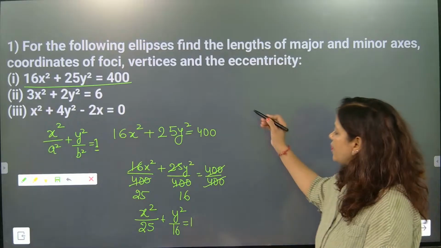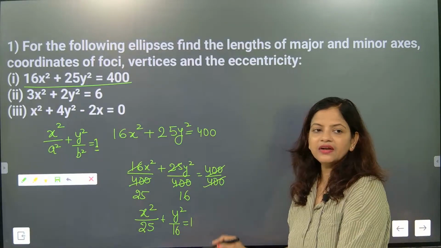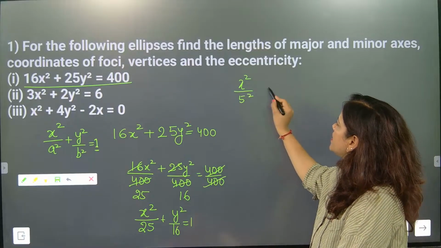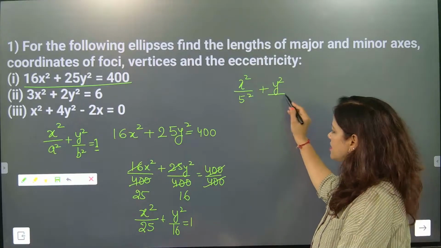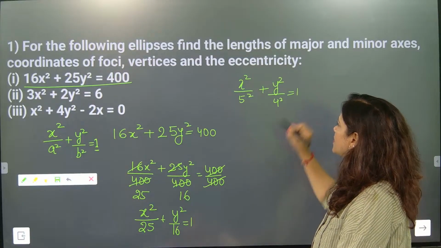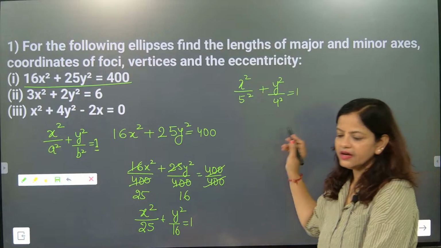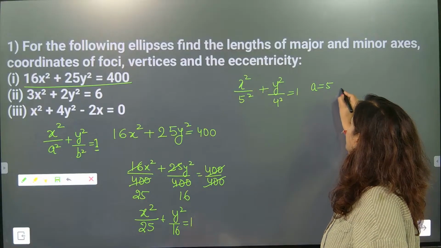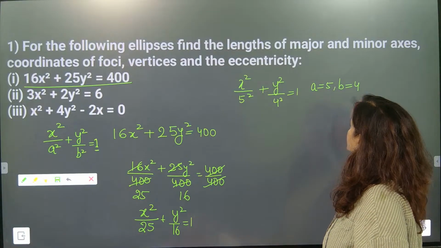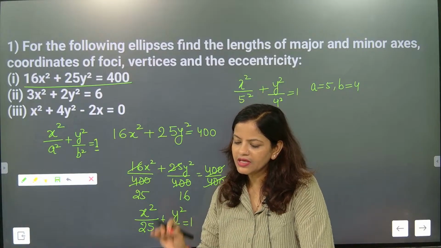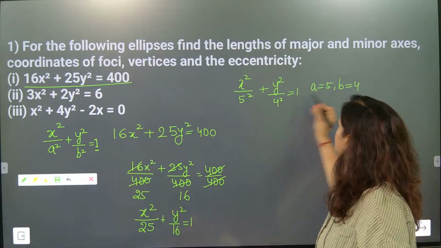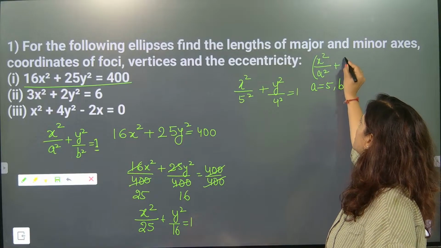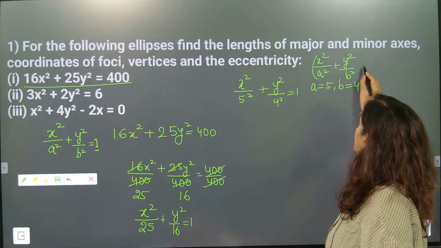The standard equation of ellipse is x square by a square plus y square by b square equal to 1.